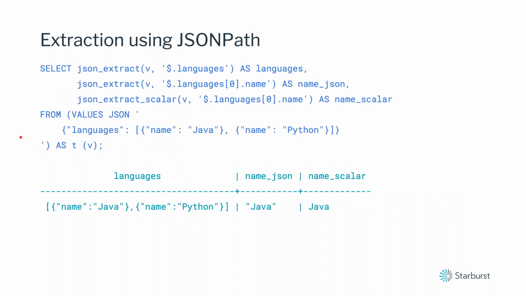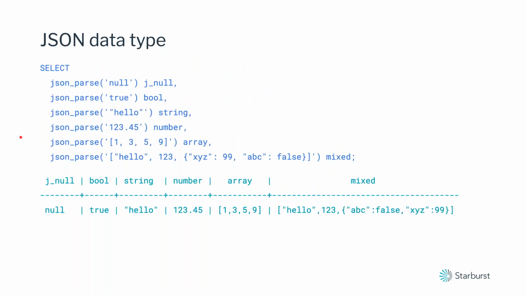That's an interesting question, David, regarding JSON: what's the difference between a JSON null and a SQL null? They're two entirely different things. A JSON null is just another value, just like a number or an array or a string.